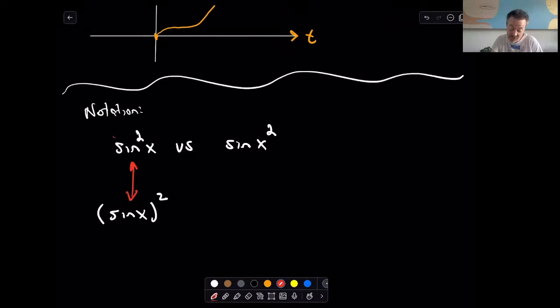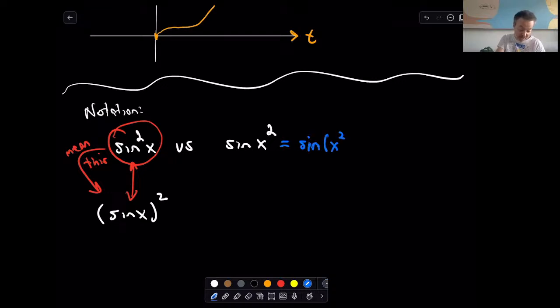And then it's just understood that when we write sine squared of x, we mean that. And in this case, if we write sine of x squared, like we have on the right, it's understood that means sine of, and now the only thing being squared is the x.